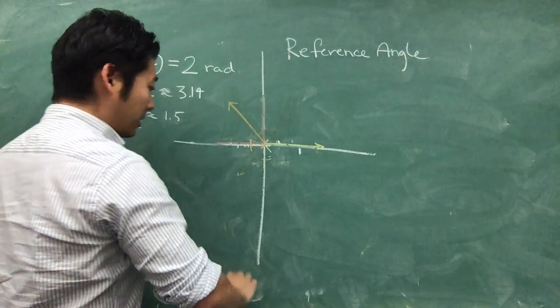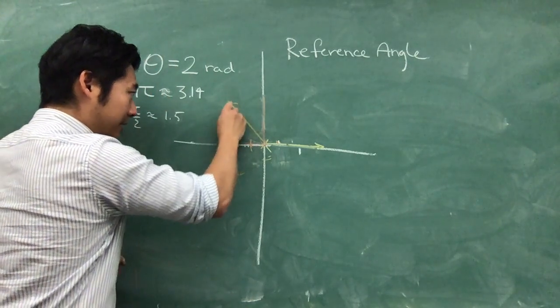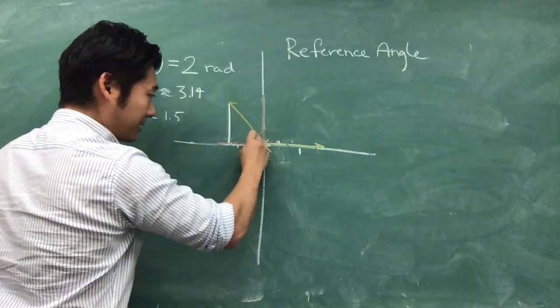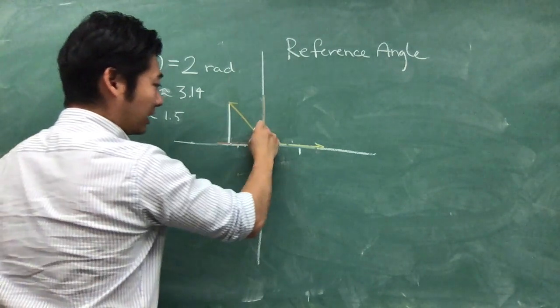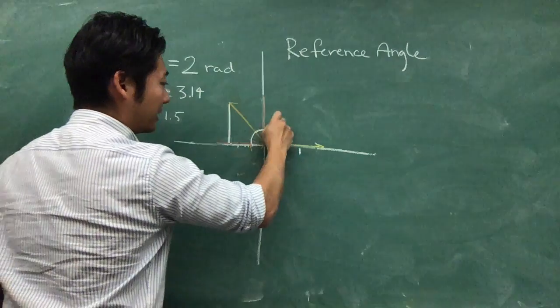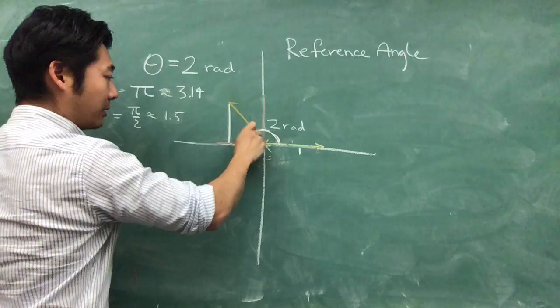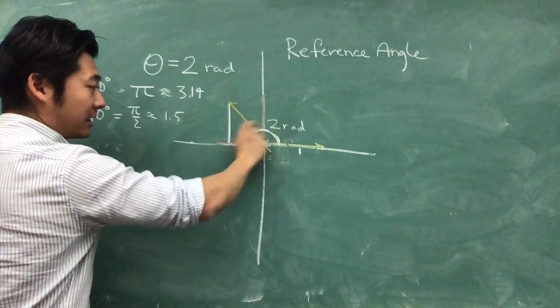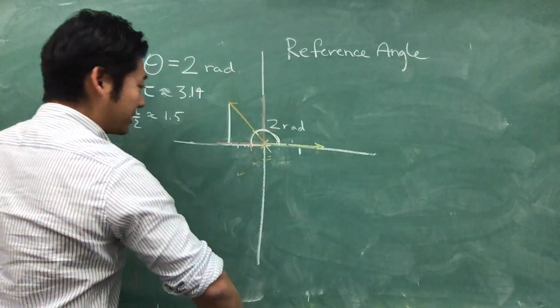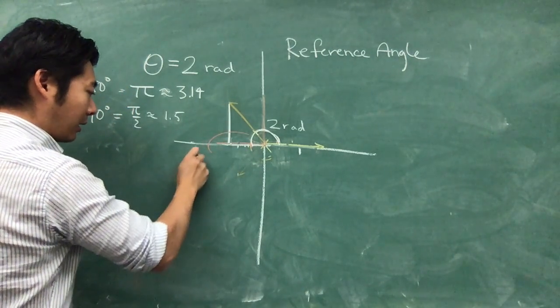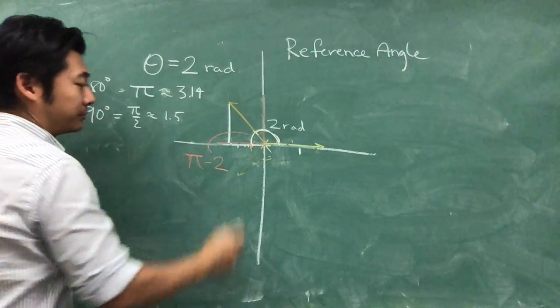So the reference angle is the angle formed by projecting onto the x-axis, and it's the angle formed here. If this angle is 2 radians, then because the entire side is pi, the reference angle must be pi minus 2 radians.